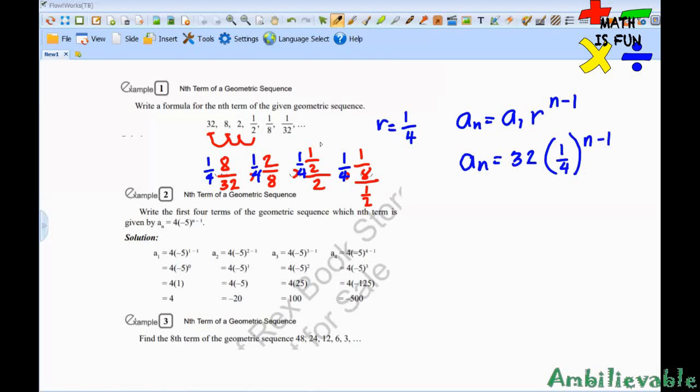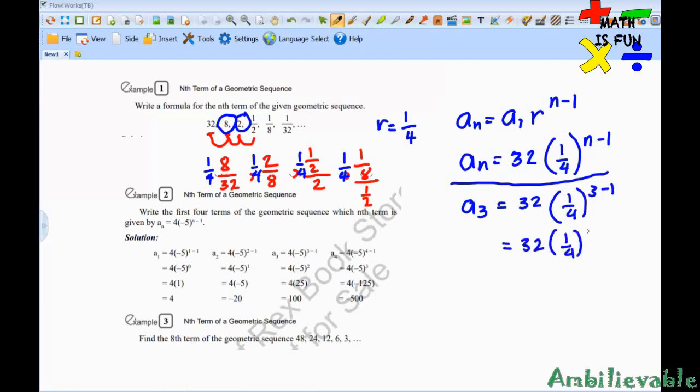If, for example, we want to get the third term, which is 2, let us try a sub 3. This is the answer that we have already. We have 32 times 1/4 raised to 3 minus 1. So 32 times 1/4 raised to 2.